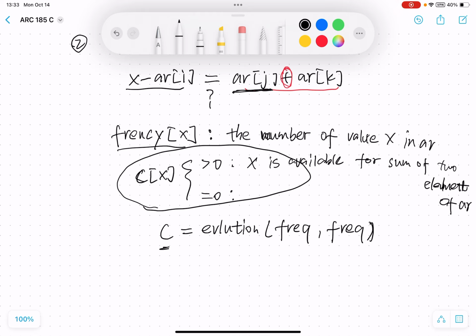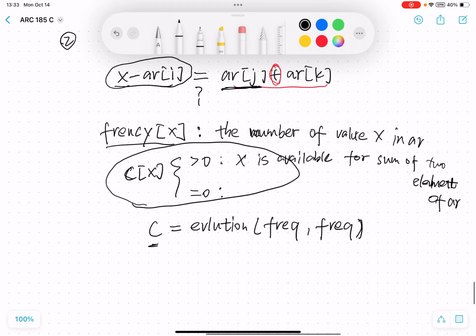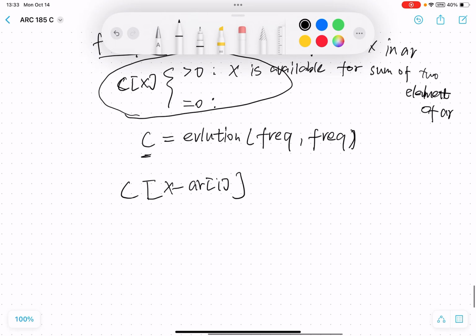So for the solution of this problem, we can check every x minus A_i and check C at x minus A_i, for i from 0 to n. Check if this is available.